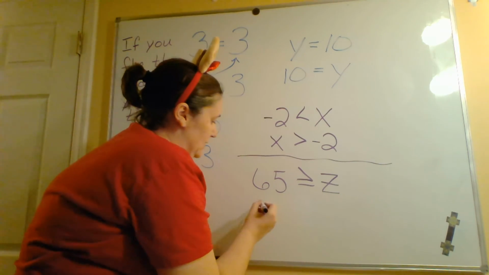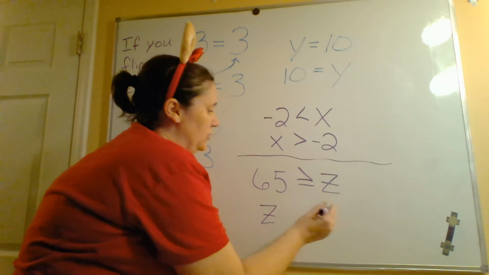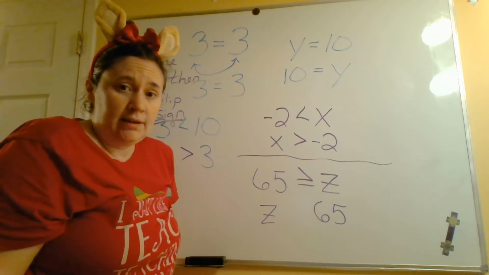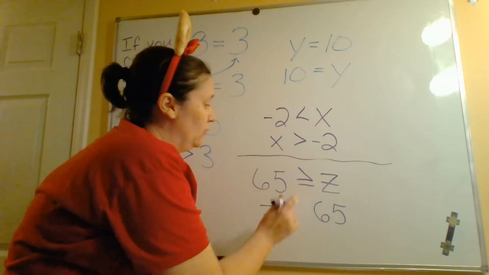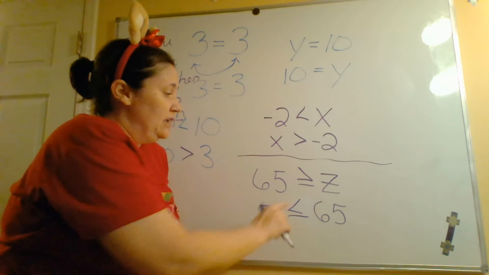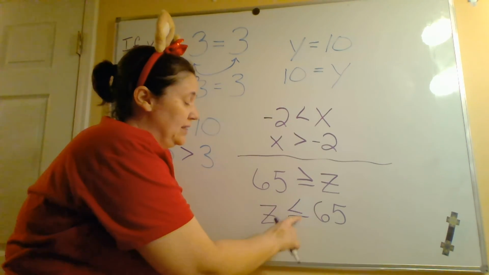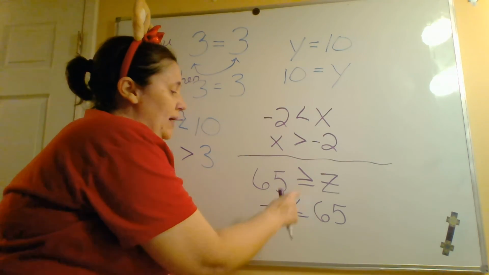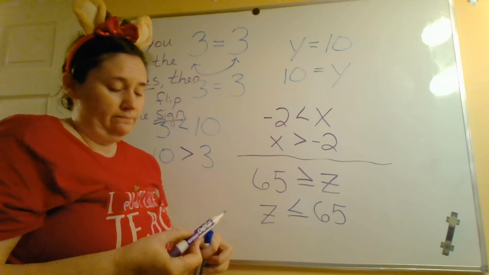So you're going to put z on the left. You're going to put 65 on the right. And when you flip the sides, you flip the sign. You make greater than or equal to, less than or equal to. If it has the equal to line under it, then that can stay. That stays in your answer, but the greater than has to flip to a less than.